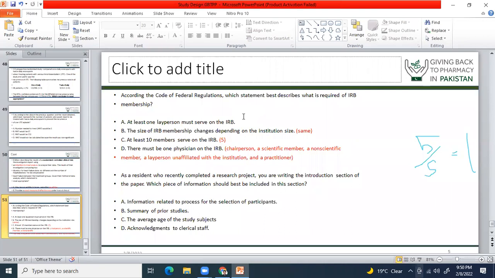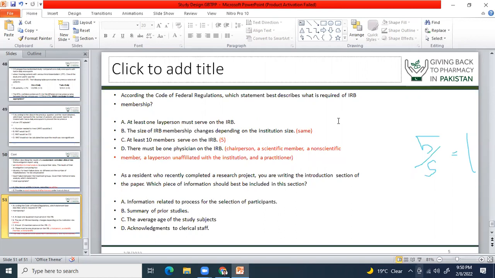At least 10 members serve on the IRB. No, it is 5. There must be one physician in the IRB. It is mentioned a practitioner, not a physician. Chairperson, one scientific member, one non-scientific member, one layperson unaffiliated with the institution, and a practitioner.